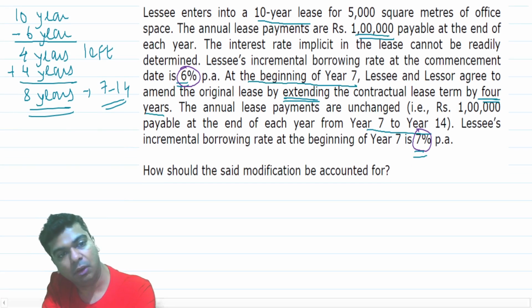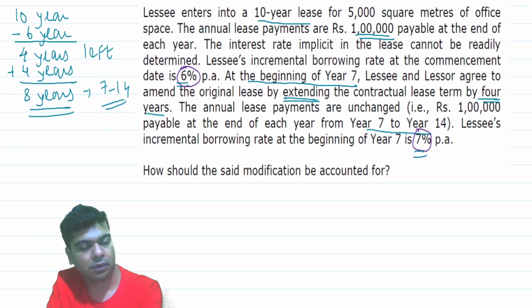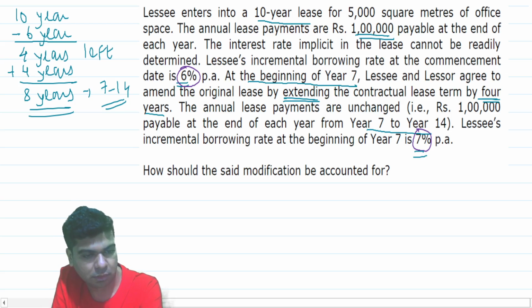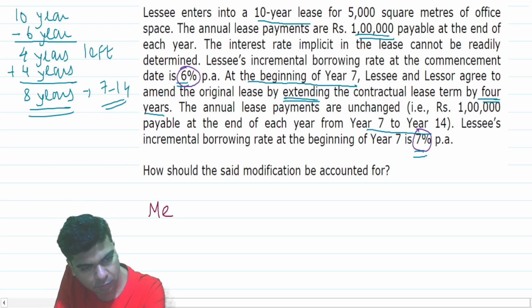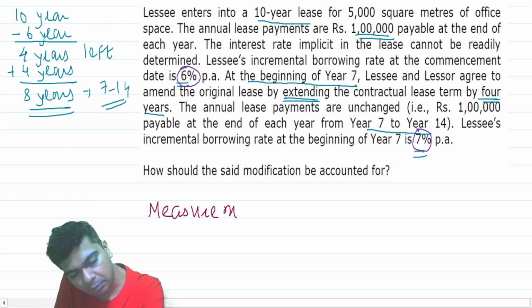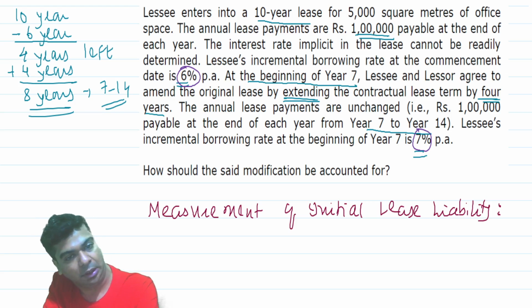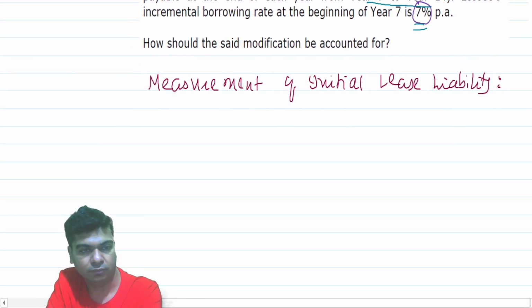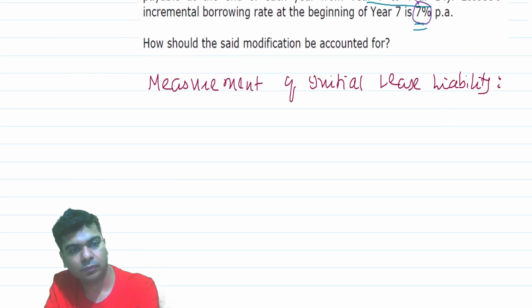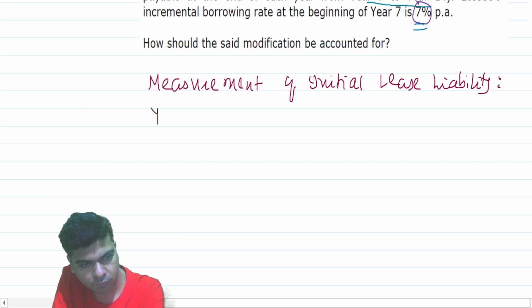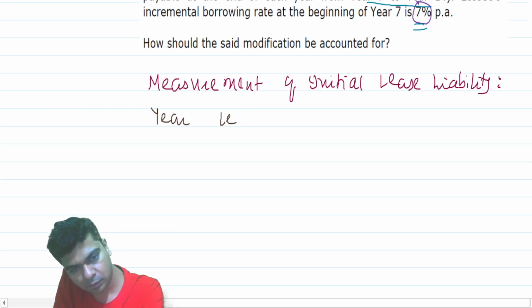First, let's work out the original liability. Measurement of initial lease liability. Here, lease payments.